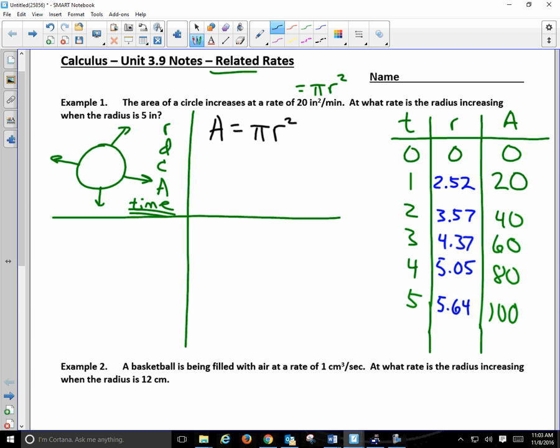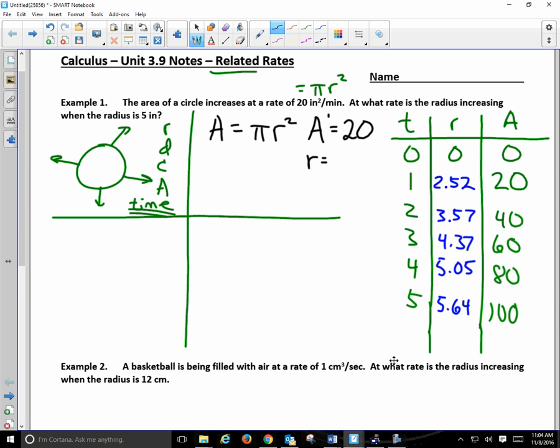And in this box, I usually write some of the things that I know and some things I don't know. For example, do you know r prime or a prime? A prime is 20, because the area increases at a rate of 20 inches squared per minute.